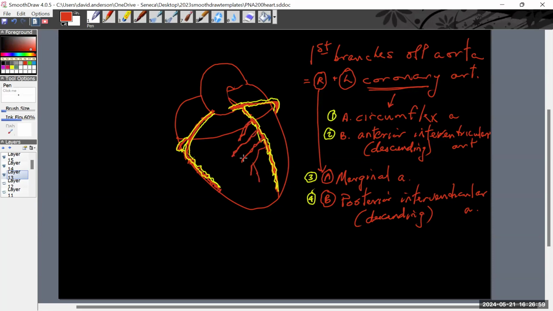And as it gives off branches, they branch amongst one another, and we get branching and branching and branching. And it joins up with branches from the other of the 4. So we're going to get all this interdigitating, this additional circulation. Now, if any one segment is blocked, all this additional circulation is available to make up the difference.